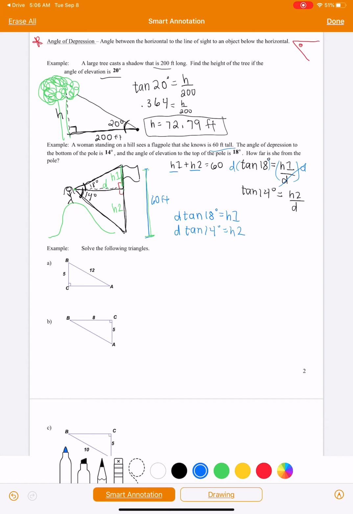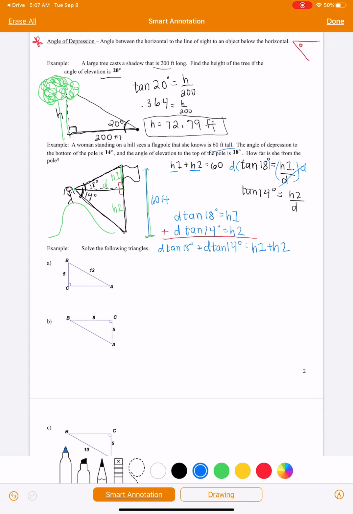Well, if I add these two together, D tangent of 18 plus D tangent of 14 degrees is going to equal height 1 plus height 2.